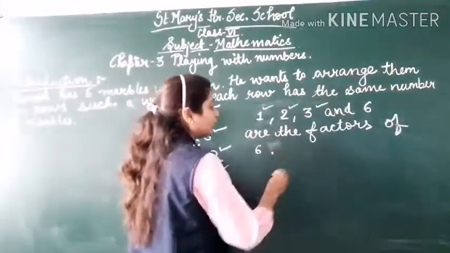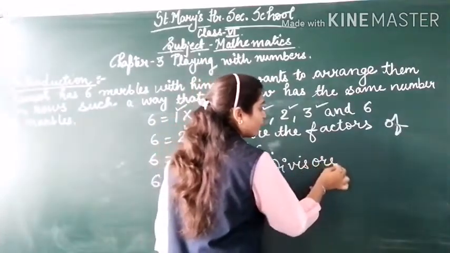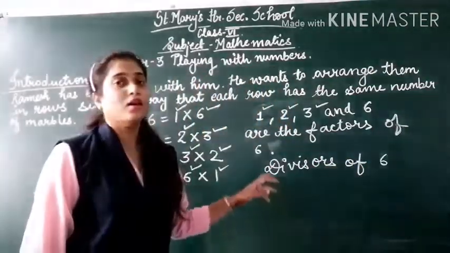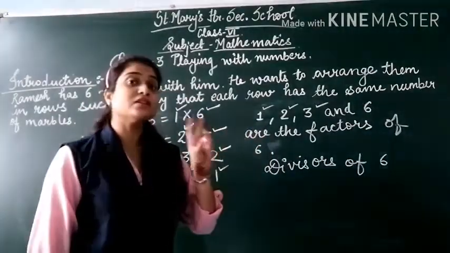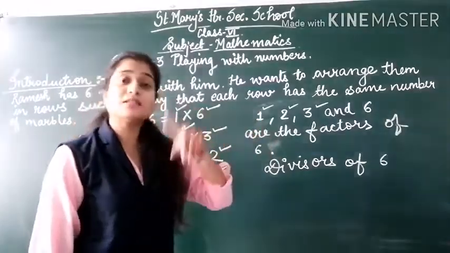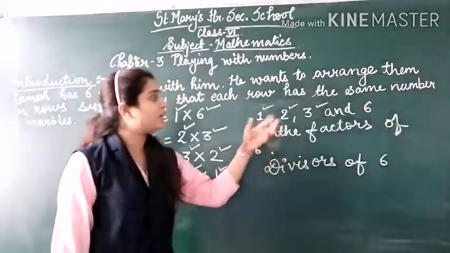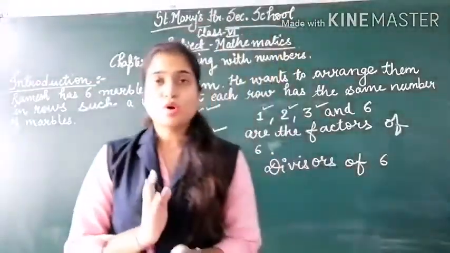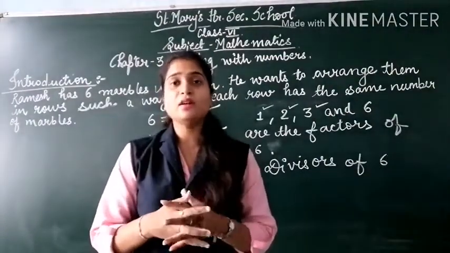So these are the divisors of 6. In one table 6 comes, in 2 table 6 comes, in 3 table 6 comes and in 6 table 6 comes. So these are the divisors of 6 and we call them factors. So all of you understood what are factors? Factors are the exact divisors of that number.